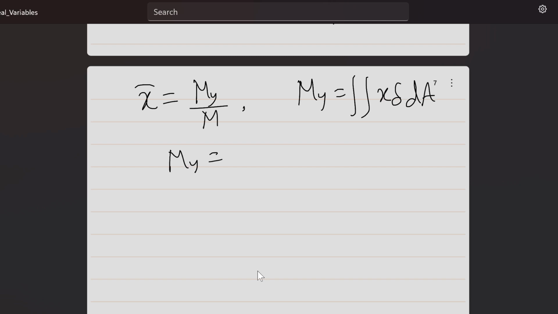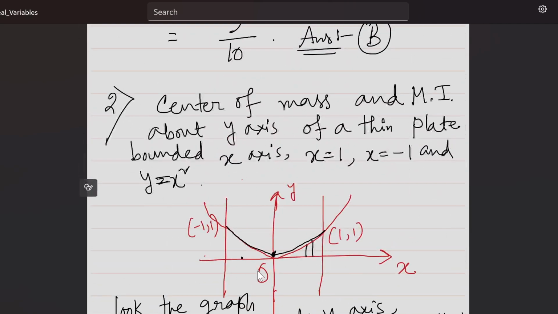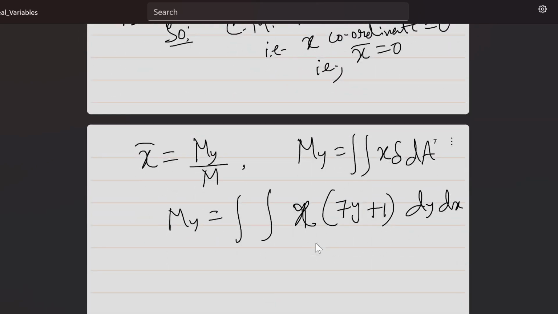So My is the integral of x, delta is 7y plus 1, it is already given in the question, dy dx. So for a fixed x, y varies from 0 to x square and x varies from -1 to 1.